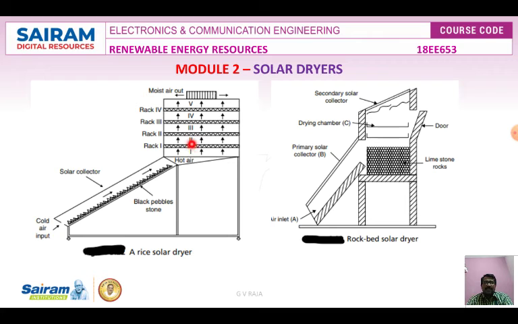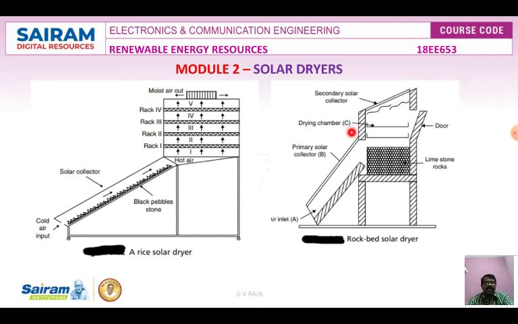Warm air holds more moisture than cold air. So the amount required depends upon the temperature to which it is heated in the collector as well as the amount held when it enters the collector. This is the rock bed dryer.